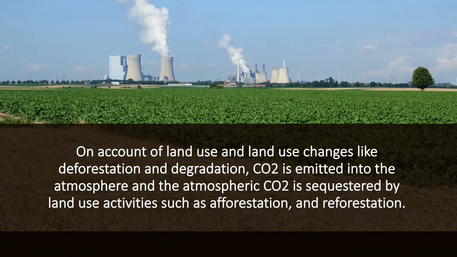On account of land use and land cover changes like deforestation, which I talked about, carbon dioxide is emitted into the atmosphere. And atmospheric carbon dioxide is sequestered through land use activities such as afforestation and reforestation, because these have a lot of mitigation potential.